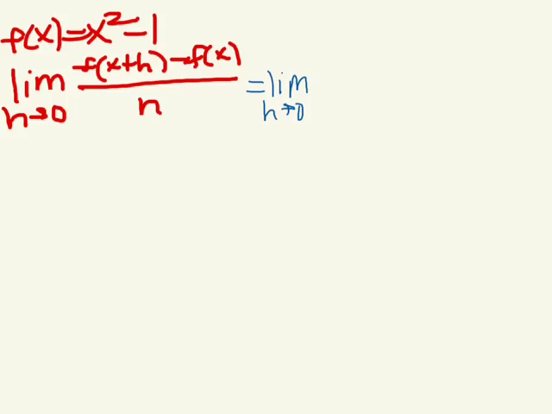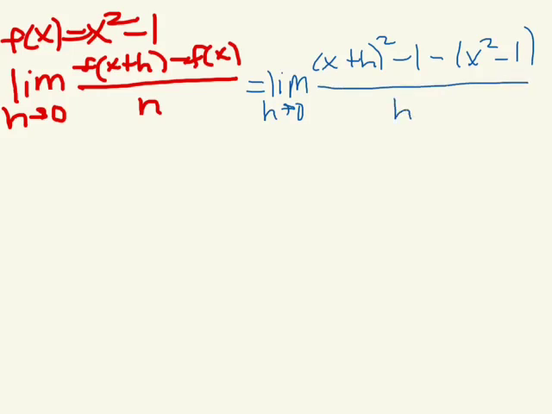That means plug x plus h into your function wherever there's an x. So since x squared minus 1 is our function, f of x plus h is, here's my x squared, and then we have minus 1. So x plus h squared minus 1. Then we are going to subtract f of x. Now, since I have more than one term, I'm going to go ahead and put it in parentheses so I don't lose out on any negatives, all over h.